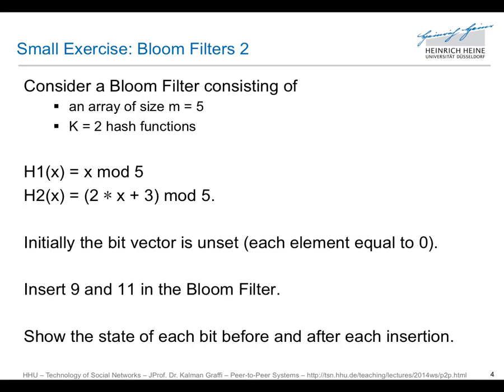Yeah, that's true, because h1 of 9 is 4. So 9 mod 5 is 4, and h2 of 9 is 21 mod 5, and that's 1. Okay, good. So these are the indexes 0, 1, 2, 3, 4.